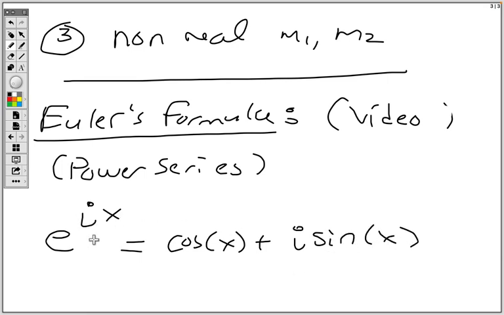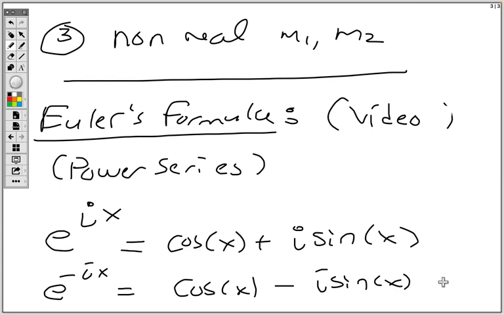So basically, these complex exponentials, or the imaginary exponentials, are just linear combinations of cosine and sine. e to the minus ix then would be cosine of x minus i sine of x if you go through the algebra. And so what ends up happening is that you can add and subtract, and you can show that sine and cosine are actually linear combinations of these imaginary exponentials.